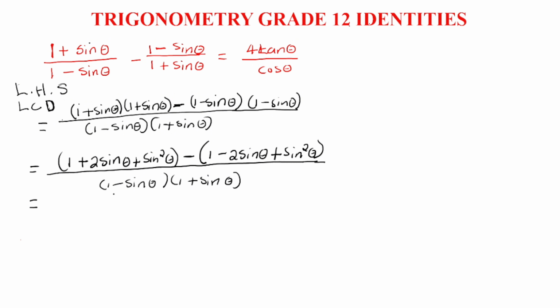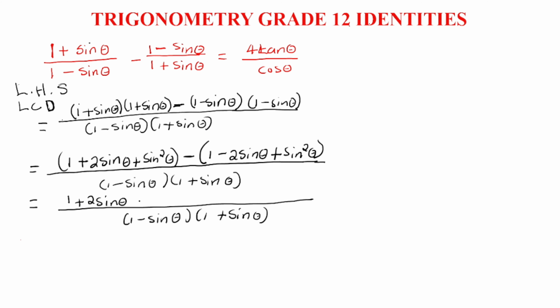Now, this is fine here. Now, we just have to say everything should be over the LCD. The LCD has not changed, guys. Please ensure that you still put it here. Don't be confused. Here we'll still have the same as it is: 1 plus 2 sine theta plus sine squared theta.